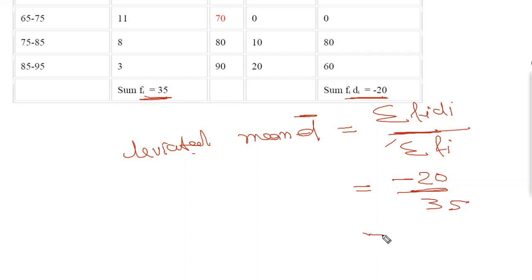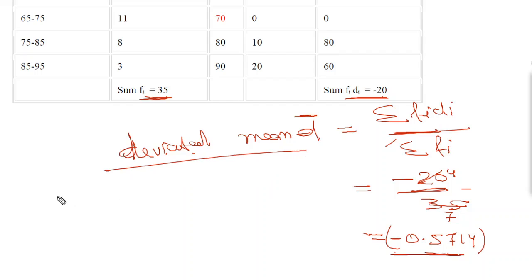So it will be equal to minus 4 by 7. So it will be equal to 0.571, minus. So minus 0.571 is your deviated mean.